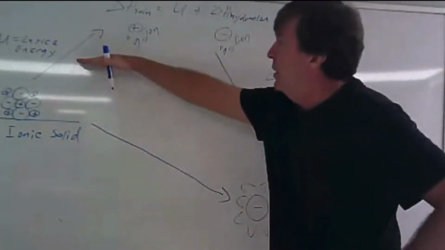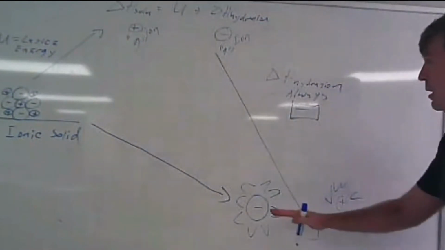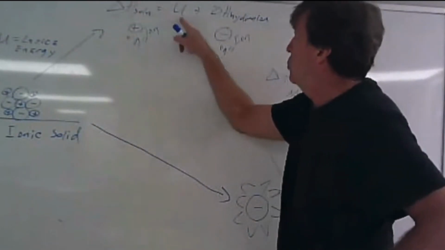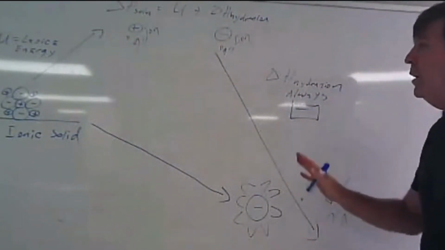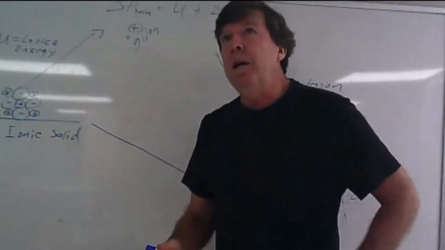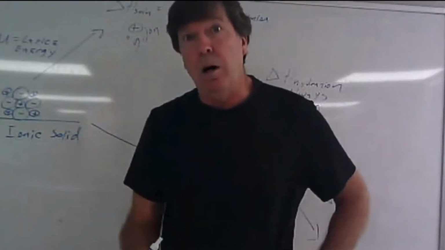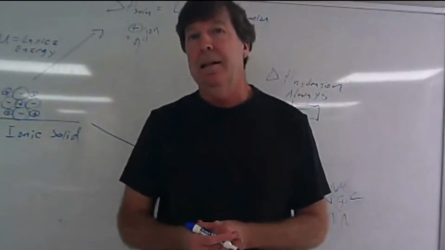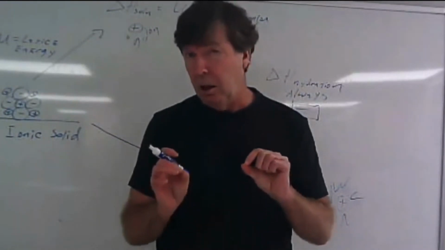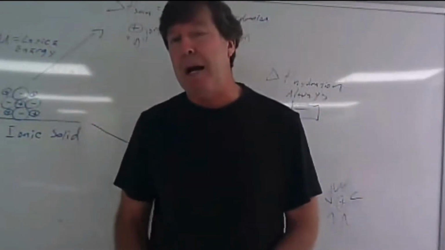So we add this value to that highly negative value here, and here's the overall enthalpy change if you add those two up. Would this ionic solid heat up the water when you dissolved it in the water? Of course it would. It's exothermic. It's releasing heat. The chemicals are releasing heat into the water. The water's increasing. We have a hot pack.